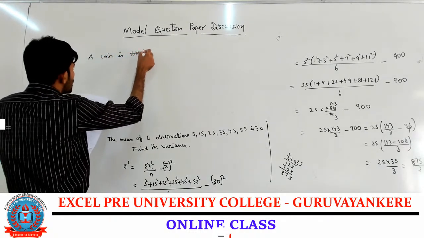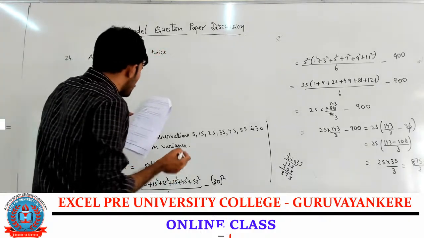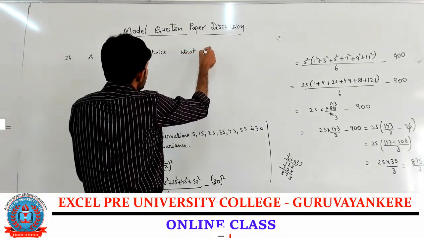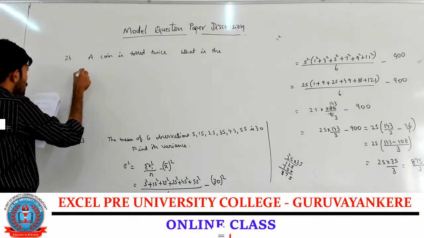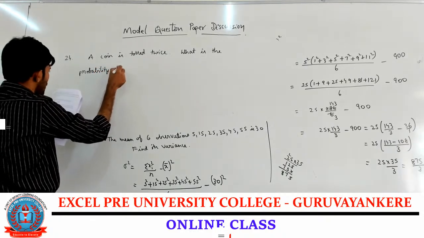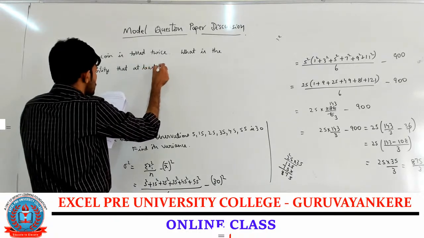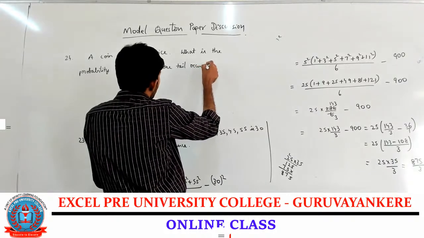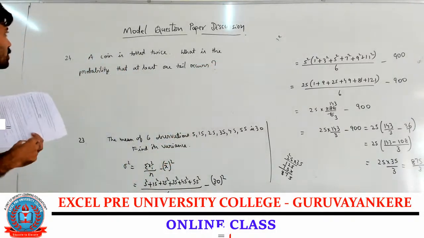What is the probability that at least one tail occurs?